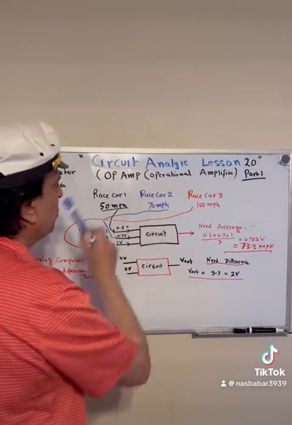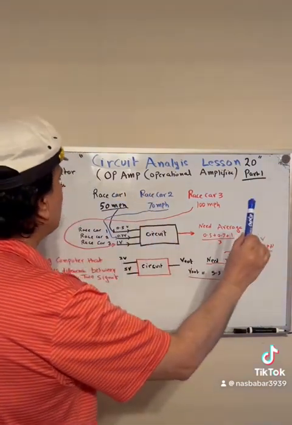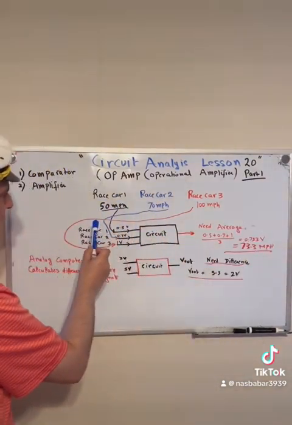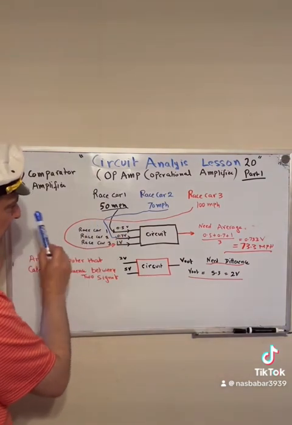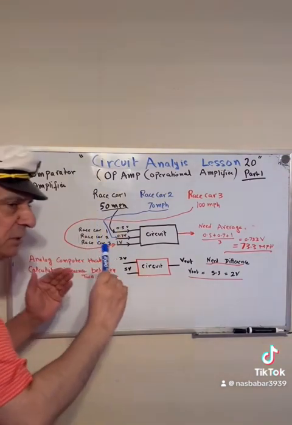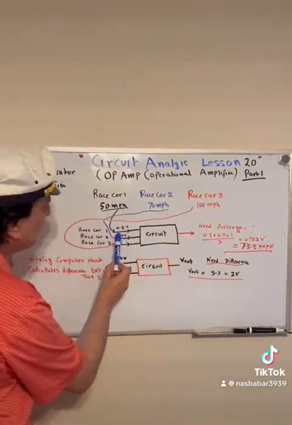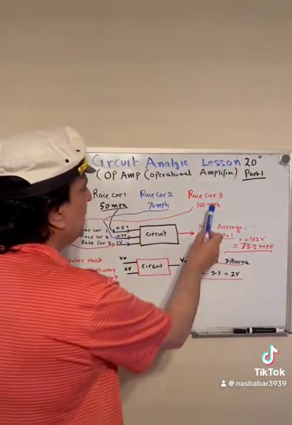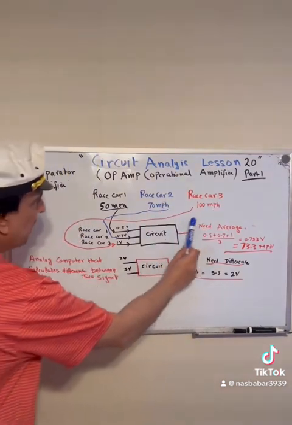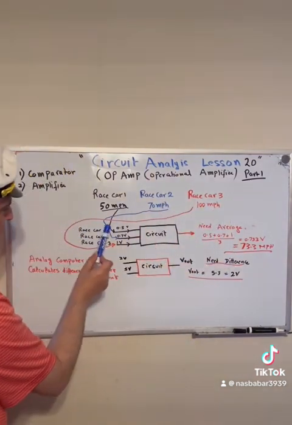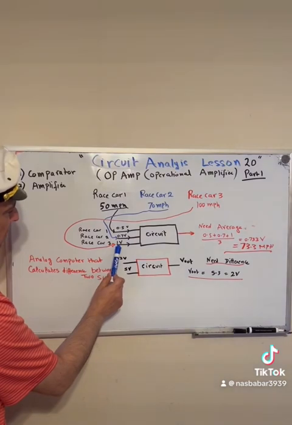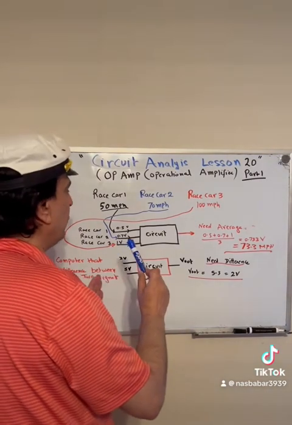Race car number 2, driving at 70 miles per hour. The sensor picks it up and delivers it to the circuit, and the circuit basically says, okay, I'm going to build a relationship, and it converts that to 0.7 volt. Race car 3, driving at 100 miles per hour. It's sent to the circuit, and basically the circuit translates that into 1 volt, okay?